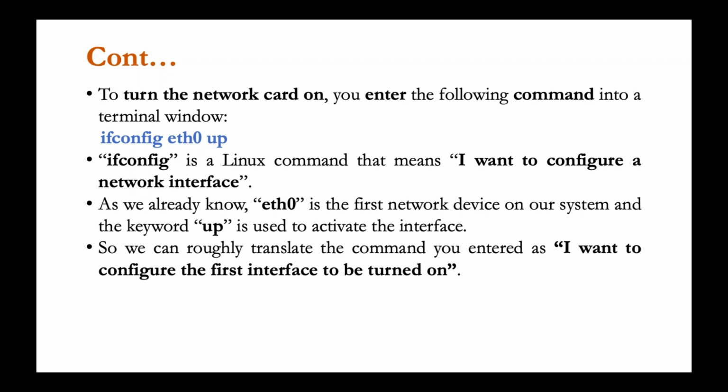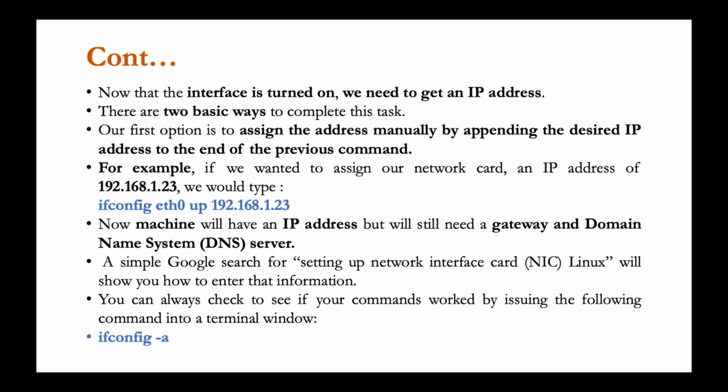There are two basic ways to complete this task. Our first option is to assign the address manually by appending the desired IP address to the end of the command. Here you can give ifconfig, to configure this interface and make it up.